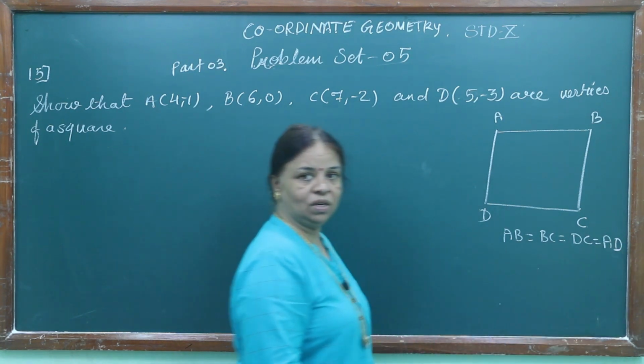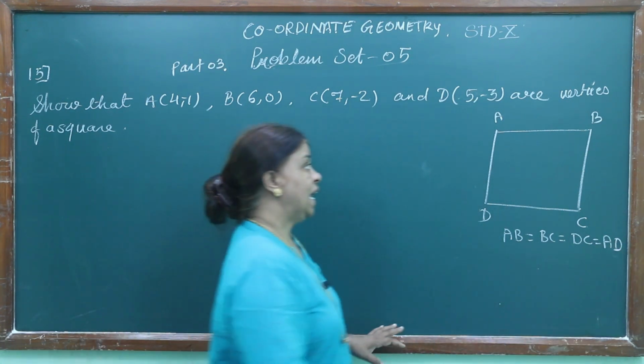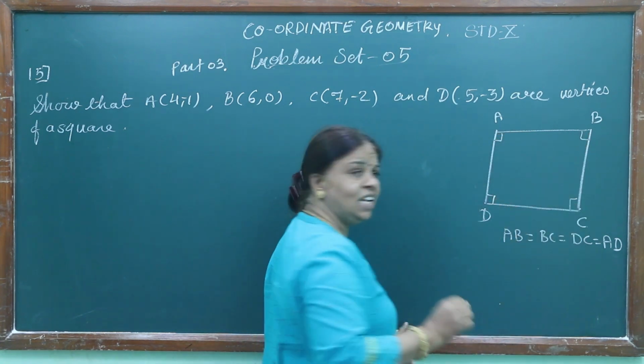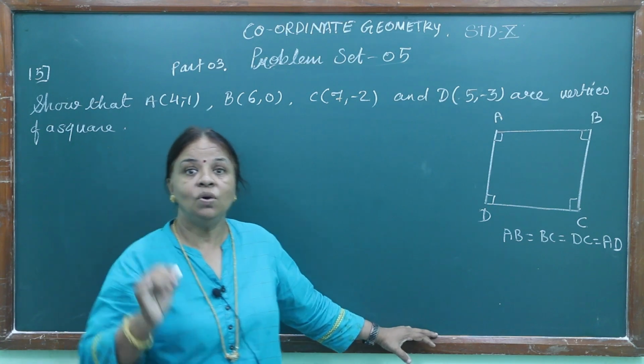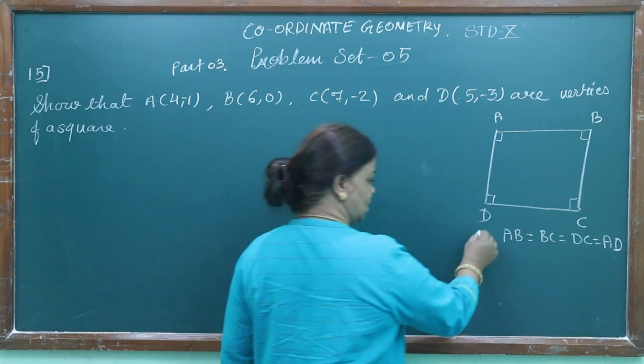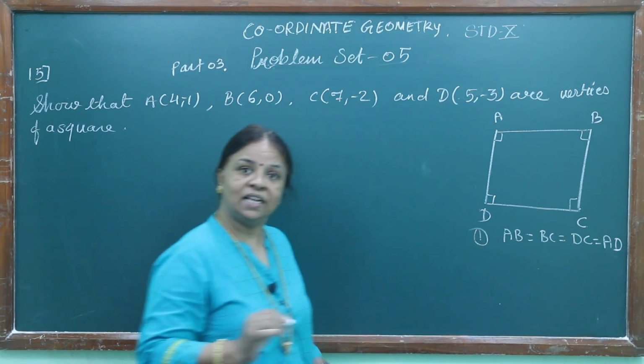All sides are equal in a square and each angle is 90 degrees. But here we are not dealing with angles. We are only dealing with length. So one property is that all the sides are equal.